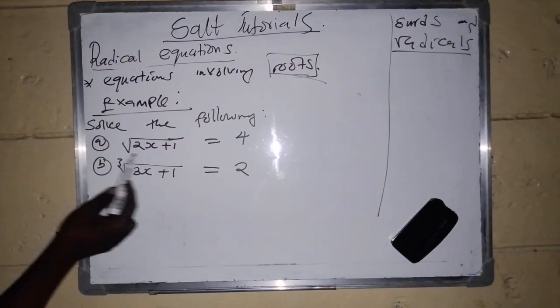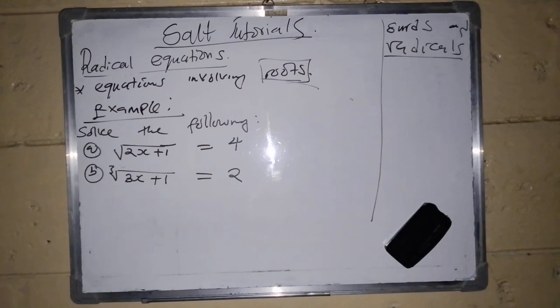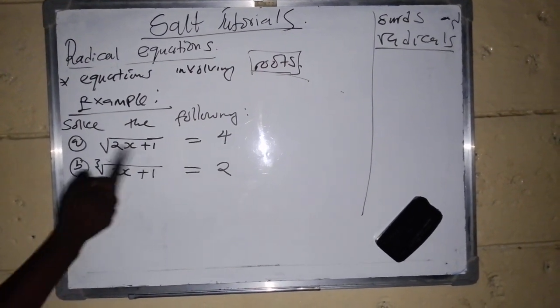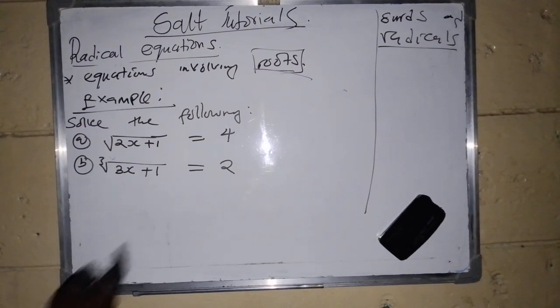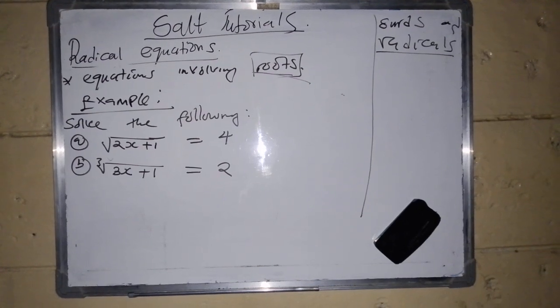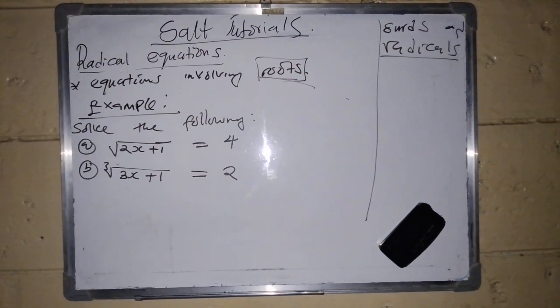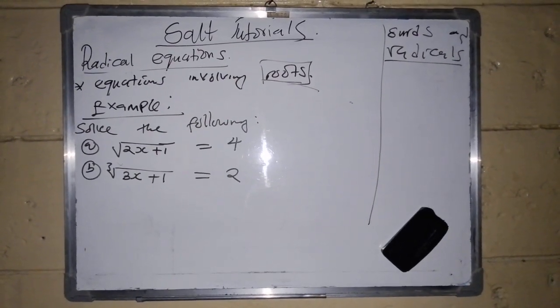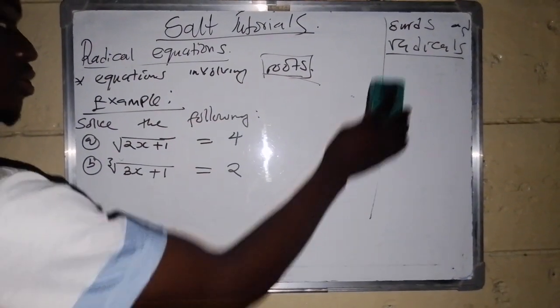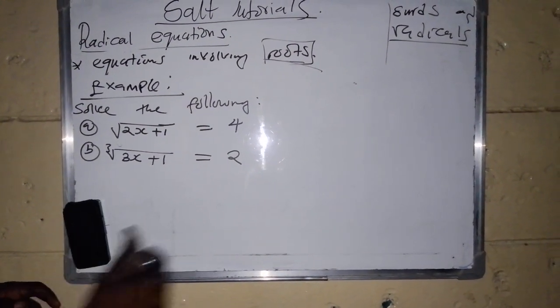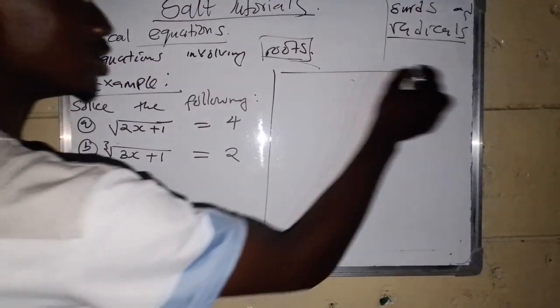As you can see, on A there is a square root of a certain expression, and on B there is a cube root of a certain expression, which is equal to a certain constant number. So now the question is, how do we solve radical equations? When it comes to solving radical equations, what is the rule we follow?